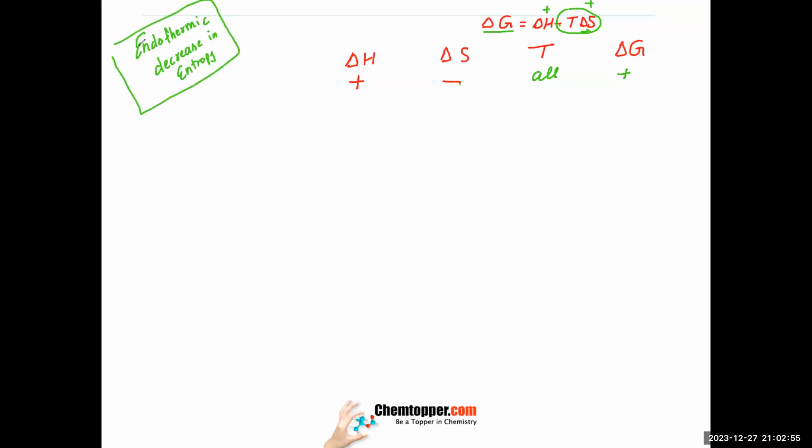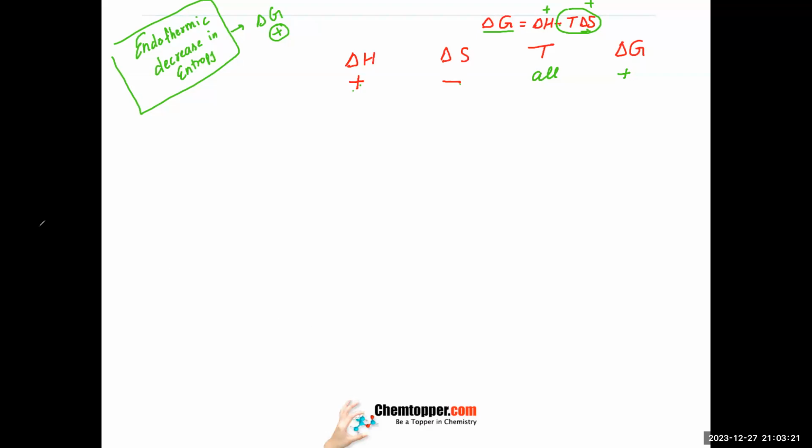These processes make delta G positive. And here, both of them are present: this is endothermic, this is decrease in entropy, right? So at all temperatures, delta G will be positive. Okay, Atharva?